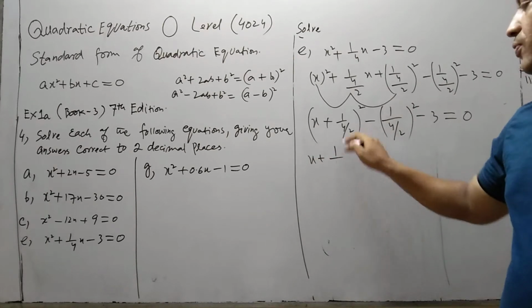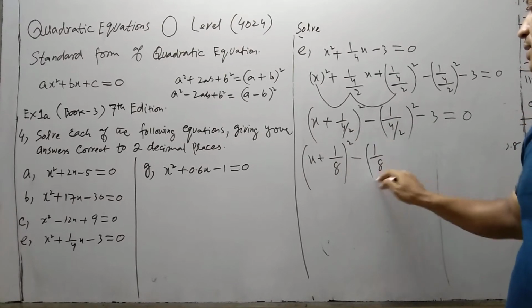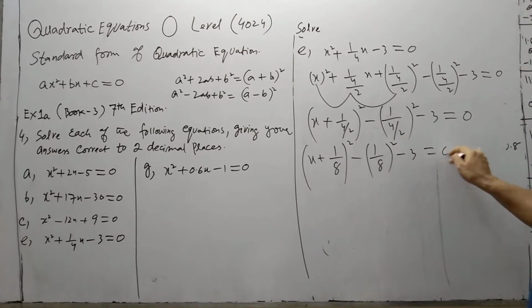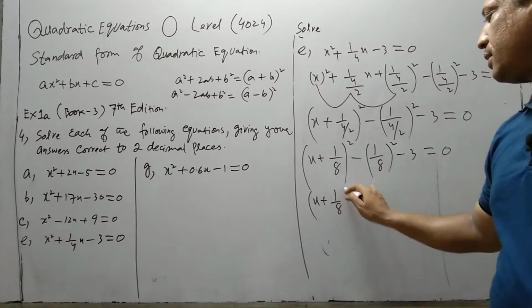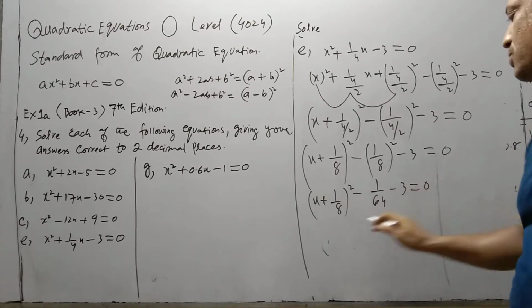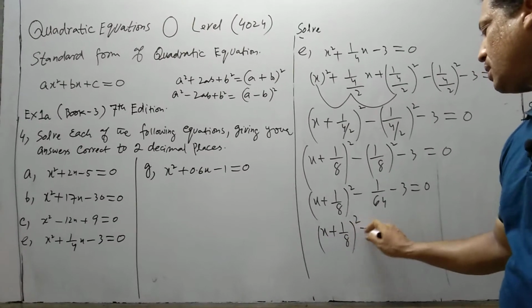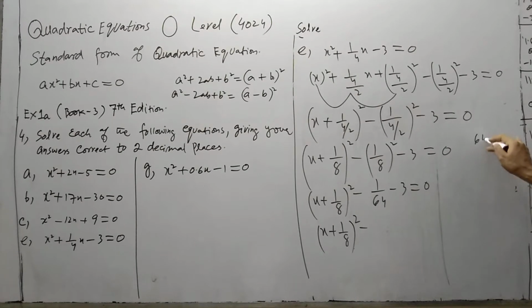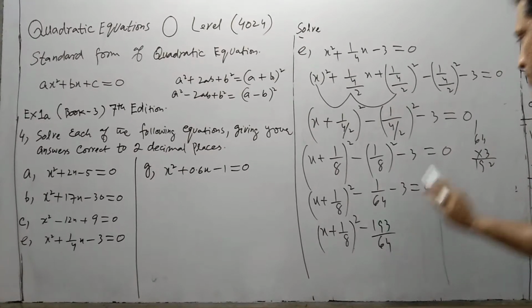(x + 1/8)² − (1/8)² − 3 = 0. (x + 1/8)² − 1/64 − 3 = 0. x + 1/8 squared, and 192 plus 1 is 193 upon 64.